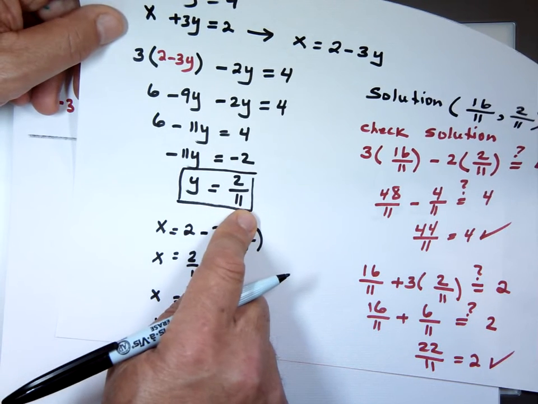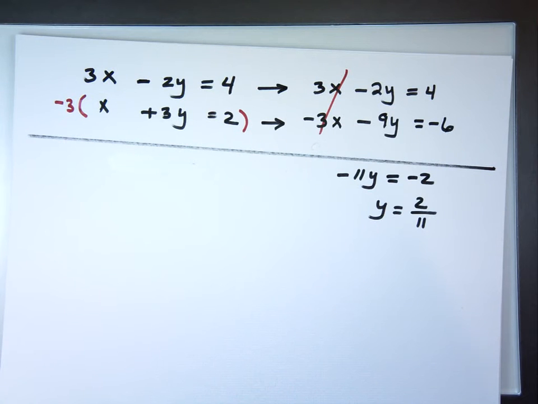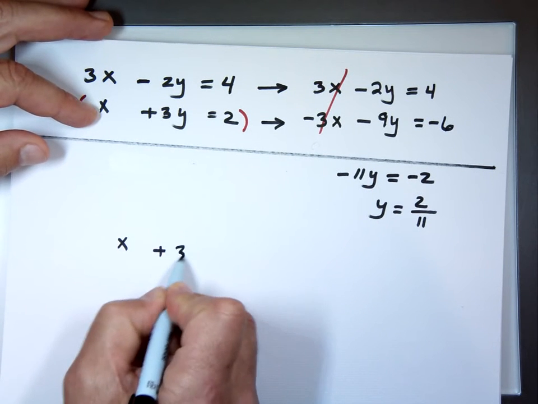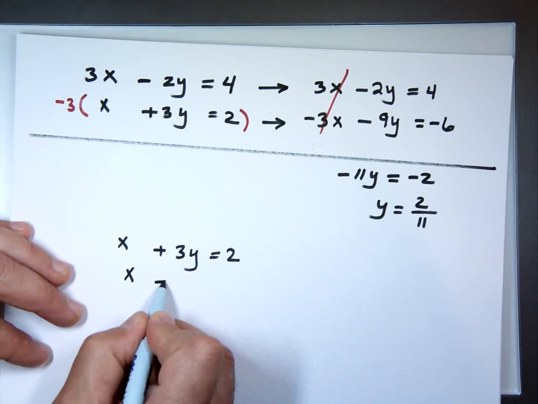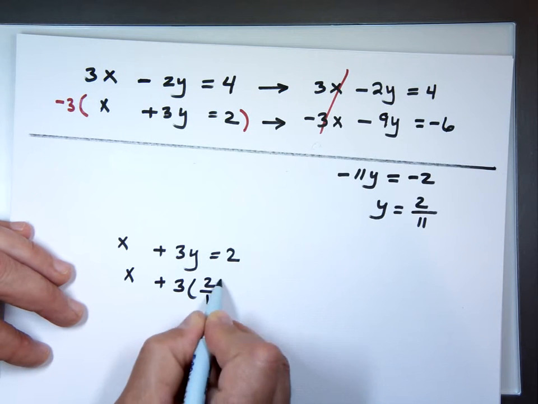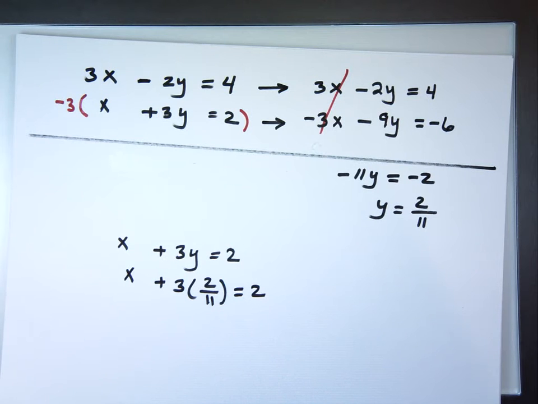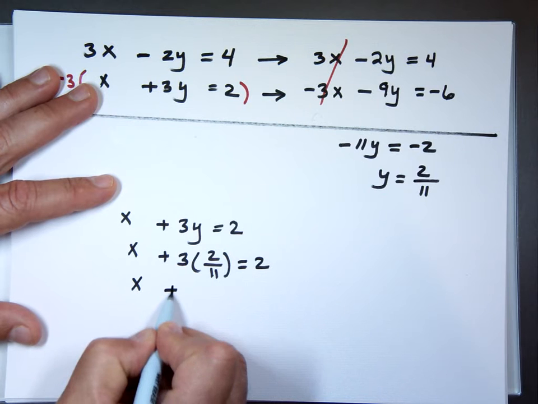That's it. Can I get the x value? Sure. Grab either one. Maybe I'll take the bottom equation. No reason. X plus 3 times 2 over 11 is equal to 2. X plus 6 over 11 equals 2.